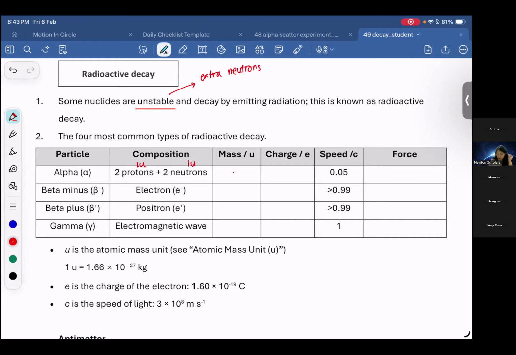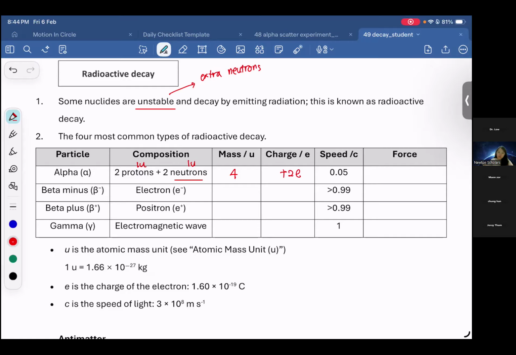My answer is 4U, because 2 protons means 2U and 2 neutrons is another 2U. What is the charge? Neutron has no charge. Proton is 1E. You have 2 protons, so it is plus 2E.